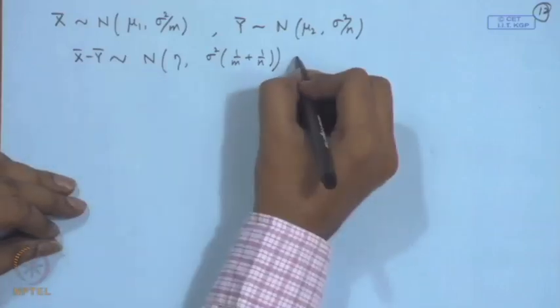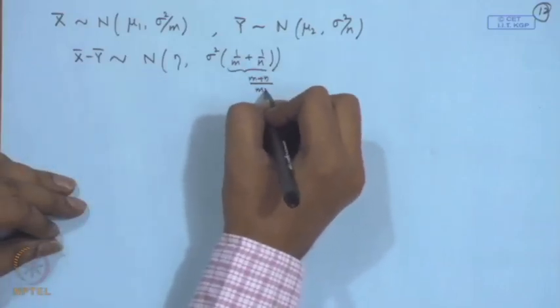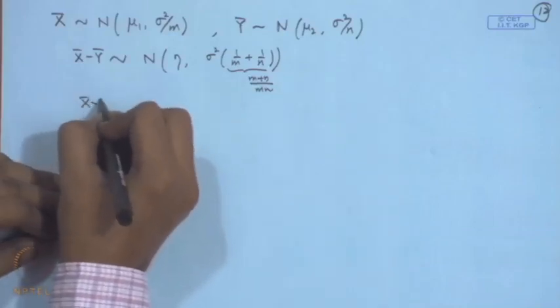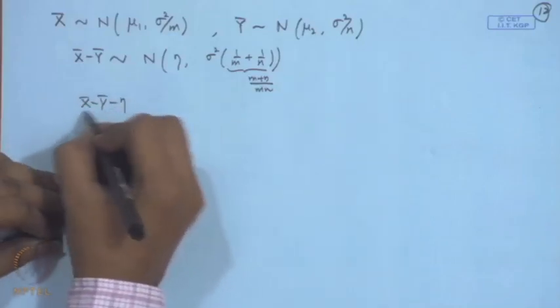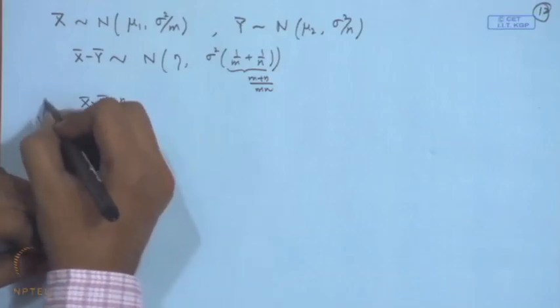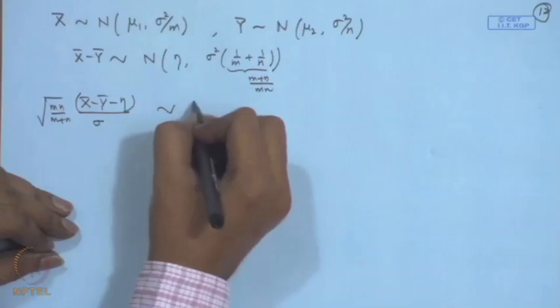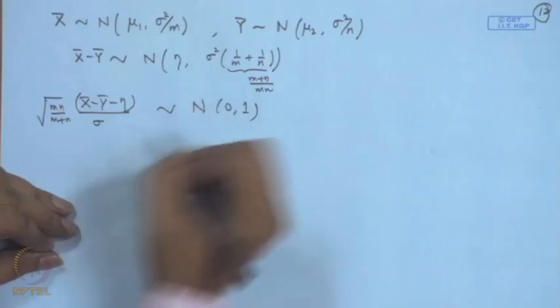So, this of course, we can write as (m plus n) by m n. So, x bar minus y bar minus eta divided by sigma root (m n by m plus n), this follows a standard normal distribution.